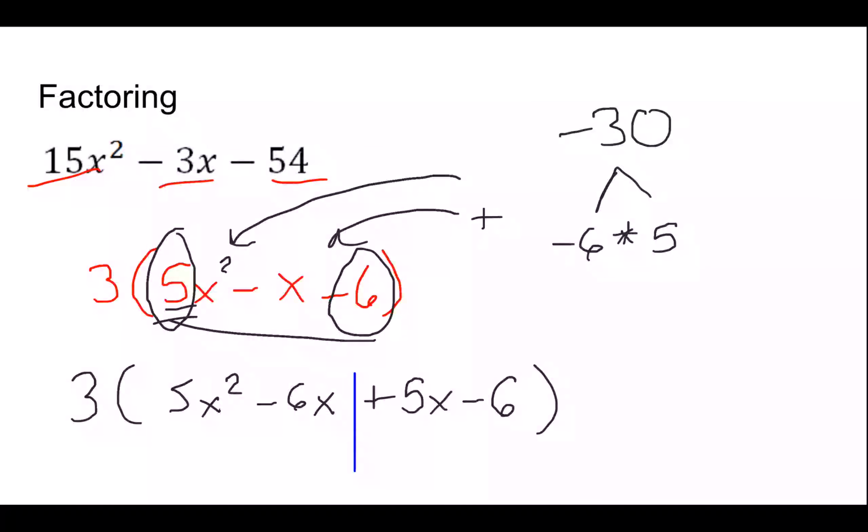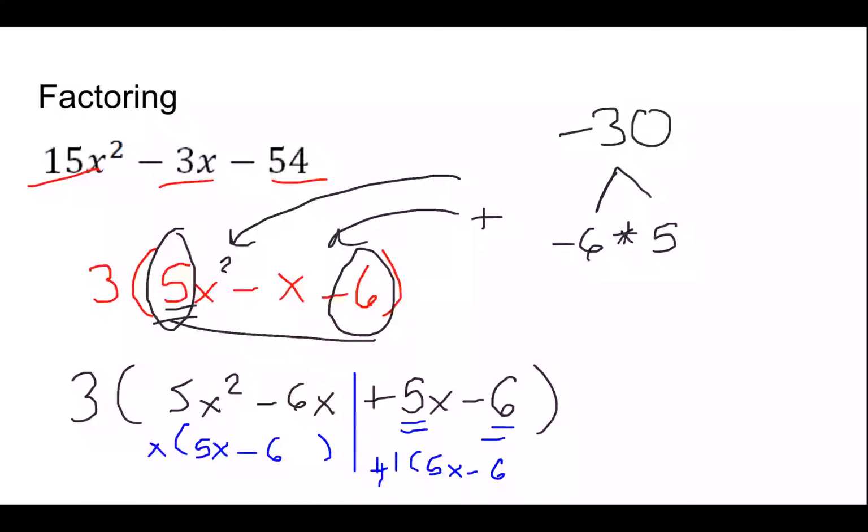And so I'm going to look at what divides this. Well, these both share an x, so I can get x times 5x minus 6. And the only thing that these numbers share is a 1. And I would get 1 times 5x minus 6.